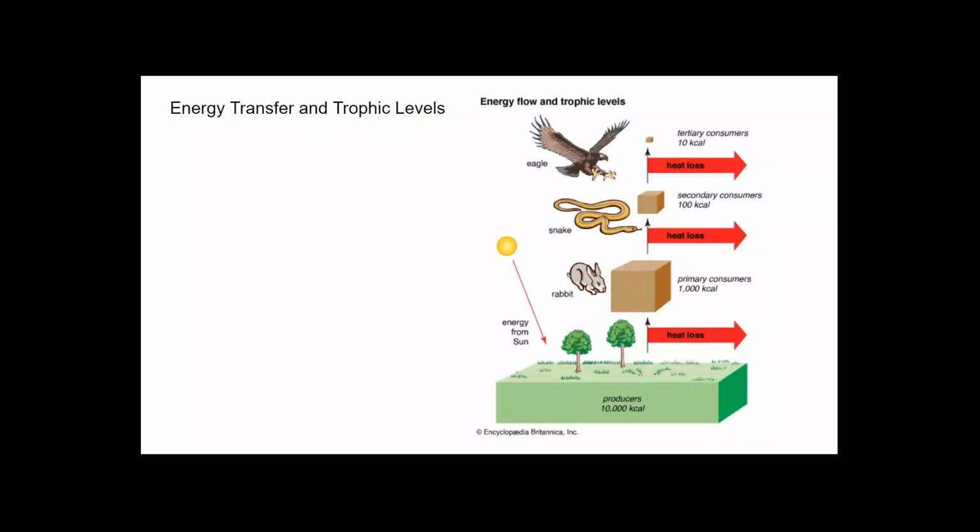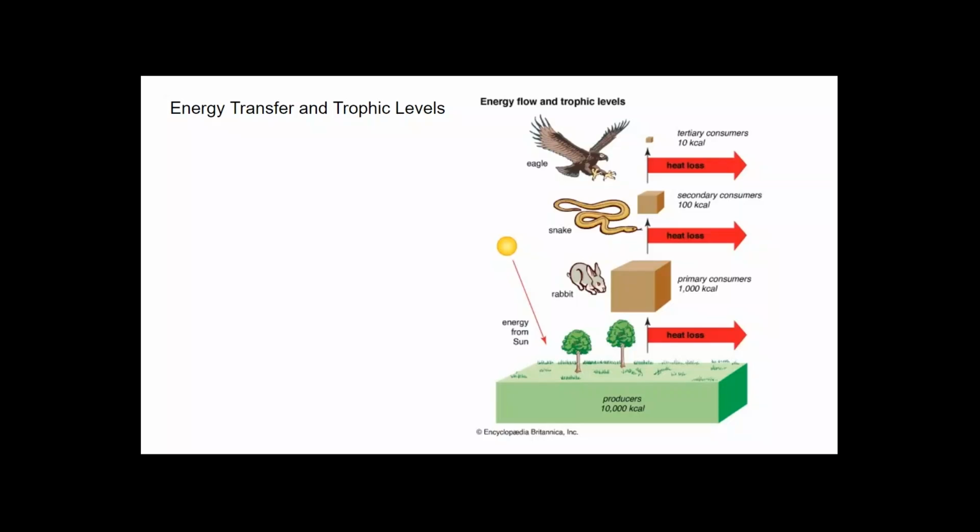But of the energy available to producers, say 10,000 kilocalories, most energy is lost as heat and to meet the energy requirements of the plant.